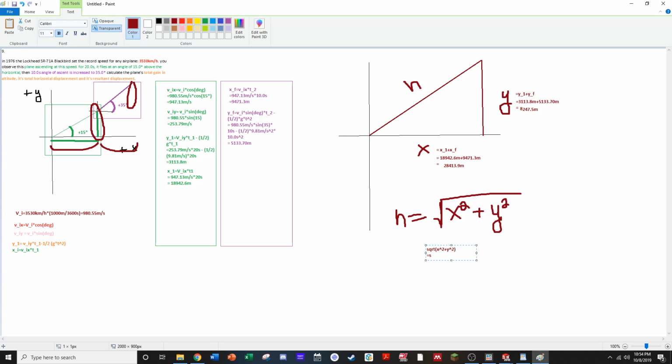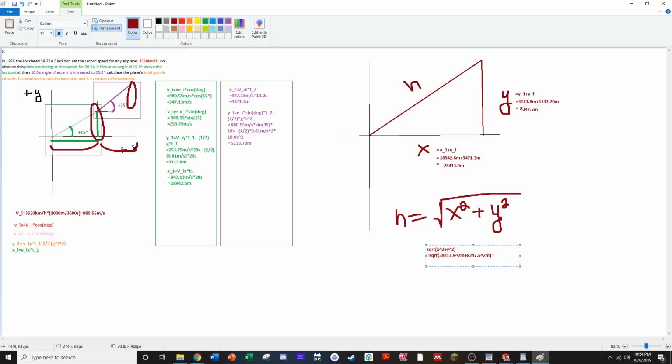We'll plug in our values now. So that's 28,413.9 squared meters plus 8,247.5 squared meters.